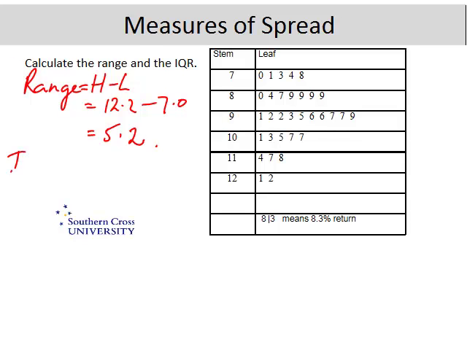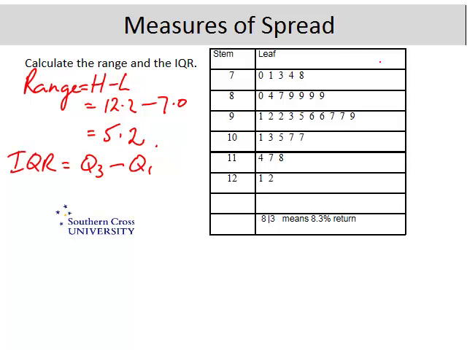Now, the interquartile range, we know, is the third quartile, or 3/4 of the way through, subtract the first quartile, which is 1/4 of the way through. Now, we have 32 numbers here.